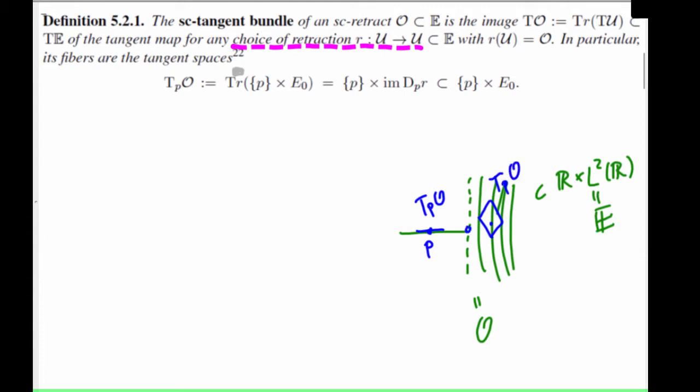The interesting question is what happens at this point, where that line is not part of the... There's a fiber over one point here in R that is still 0 at that point. So, well, we want linear subspaces of this space here. And the linear subspace that you take is, well, you choose a retraction, and then you essentially just take the image of the linearized retraction.